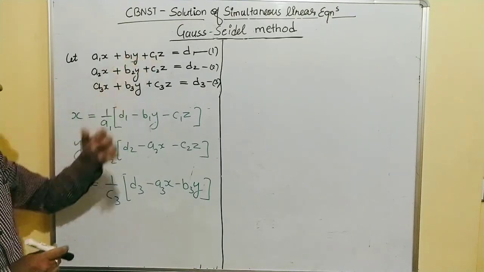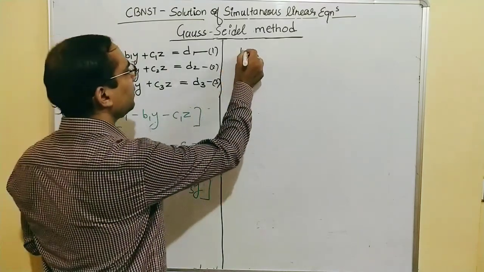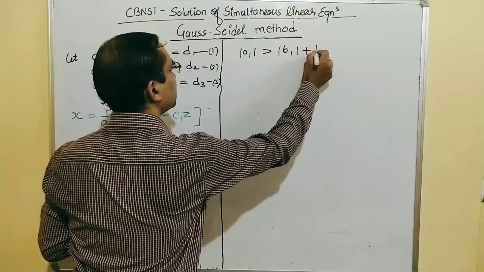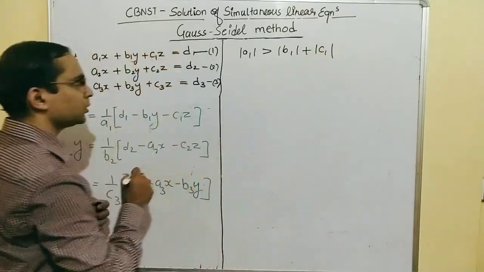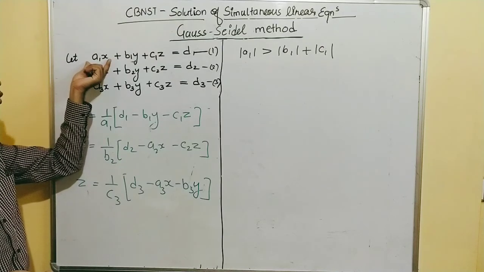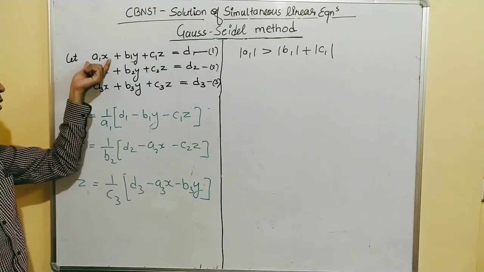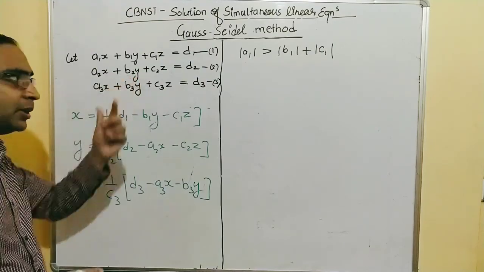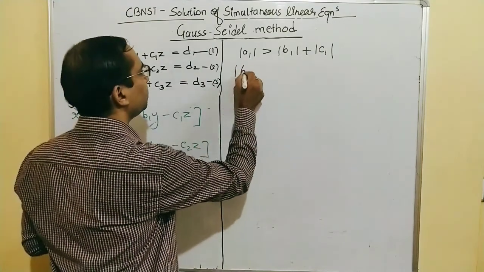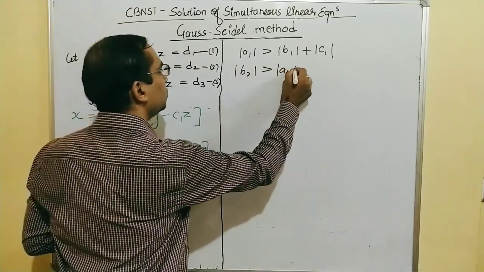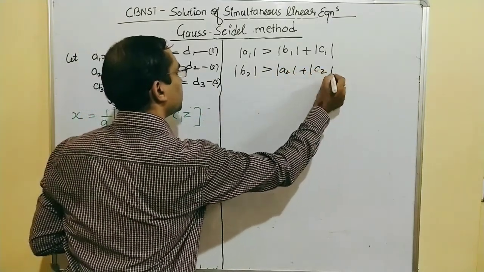In the first equation, the mod of a1 should be greater than the mod of b1 plus the mod of c1. That means in the first equation, the coefficient of this term dominates. In the second equation, the coefficient of y should dominate. That means the mod of b2 should be greater than the mod of a2 plus the mod of c2.